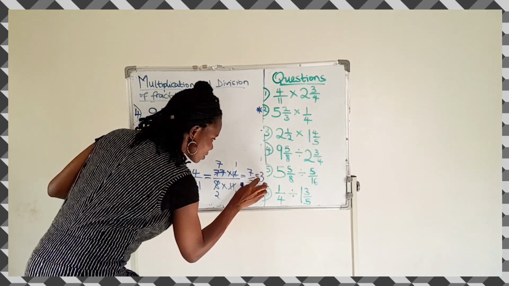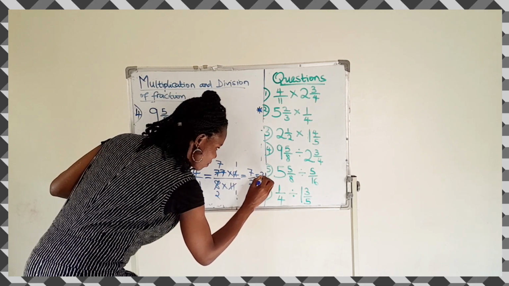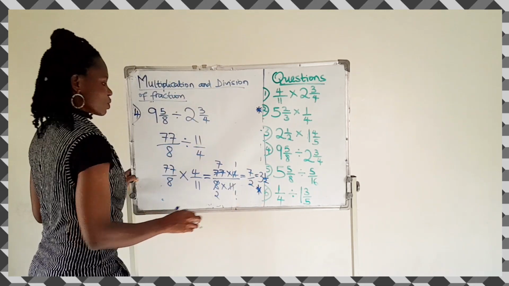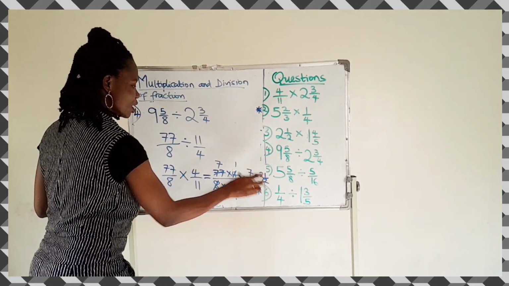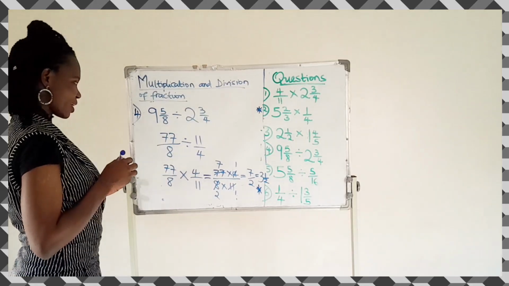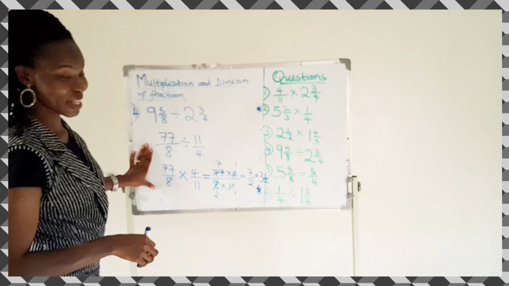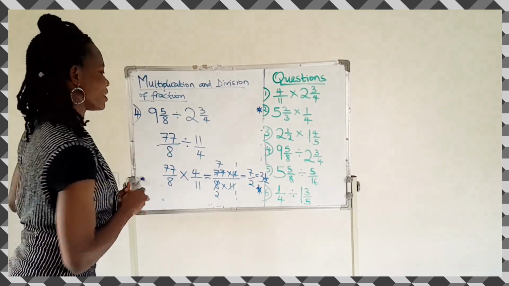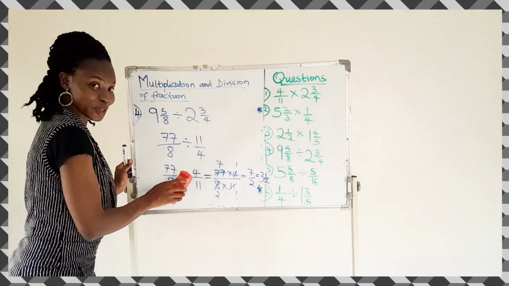Remainder what? Remainder 1. 1 over 2. So our answer is 3 whole number 1 over 2. Okay, so that is that for number 4. Is that understood? Okay. Write it down. Make sure you are writing well, copy correctly.